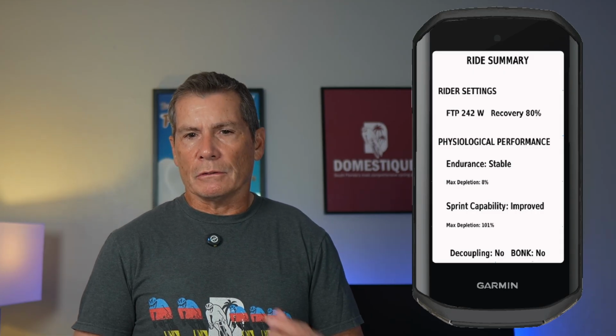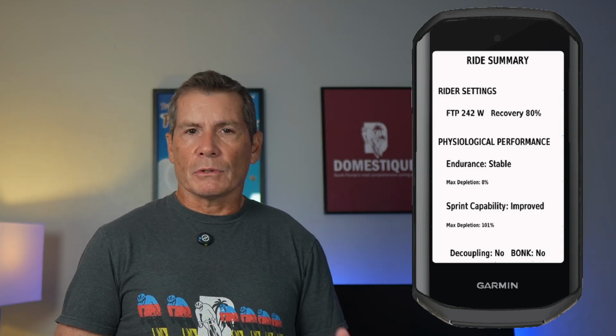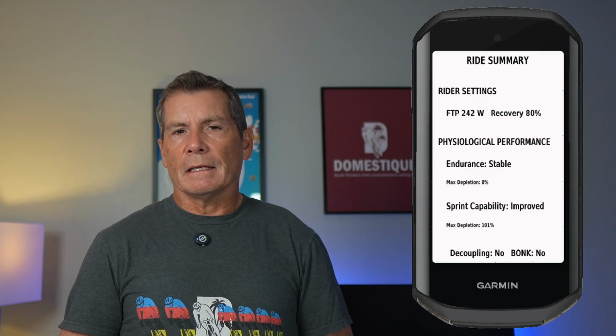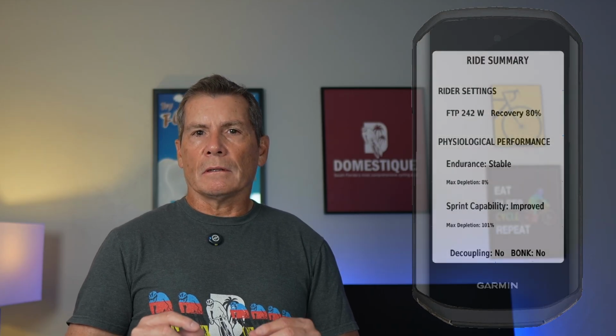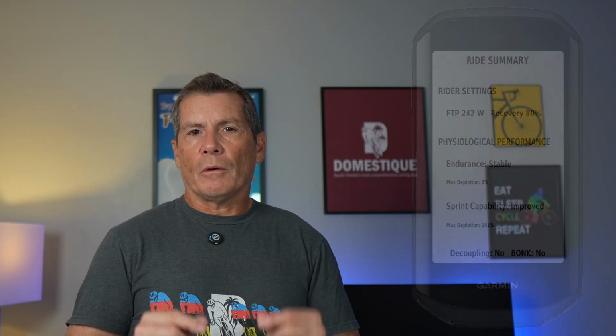So if your endurance has improved or decreased, you will see it there, and the same with your sprint capability. And we will tell you how much of these capabilities was the maximum that you depleted during this ride. And finally, we will let you know if we identify significant cardiac decoupling during your ride, and we will tell you if you bonked during the ride.